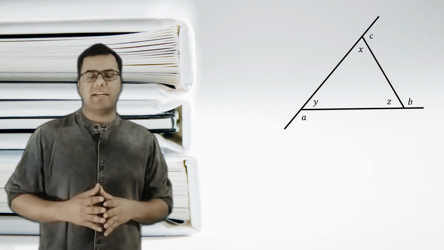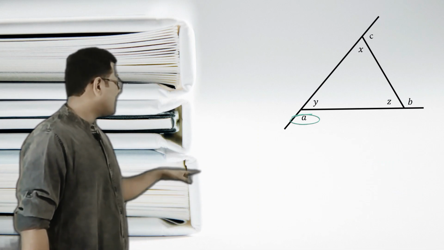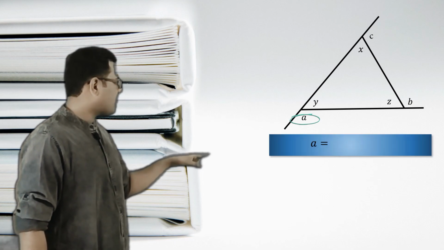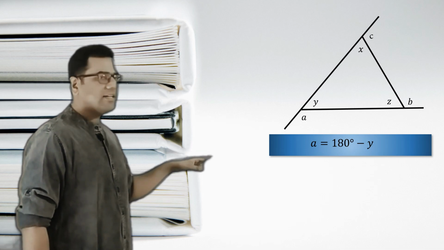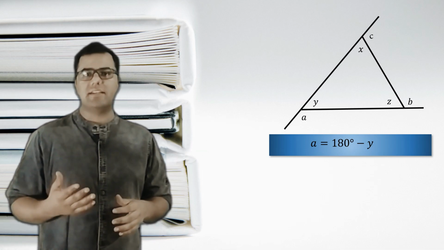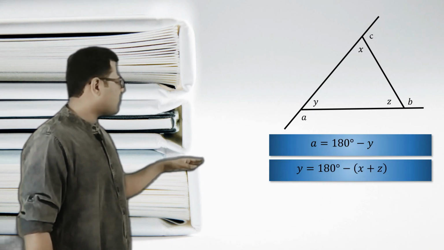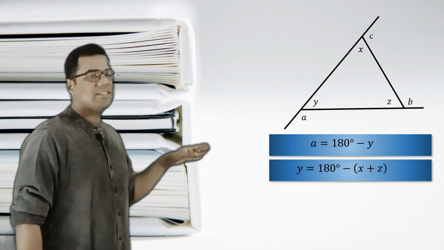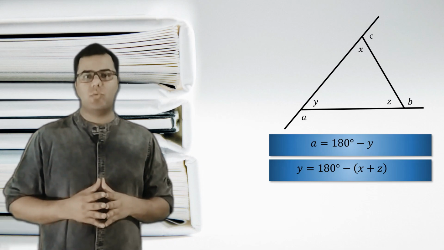Let's prove this exterior angle theorem. For this angle A, we will first discuss. Angle A equals 180 degrees minus Y, because angle A and angle Y are supplementary angles. These are on a line, they are a linear pair. Additionally, we also know that angle Y equals 180 minus (X plus Z), because the sum of all interior angles of a triangle equals 180 degrees.